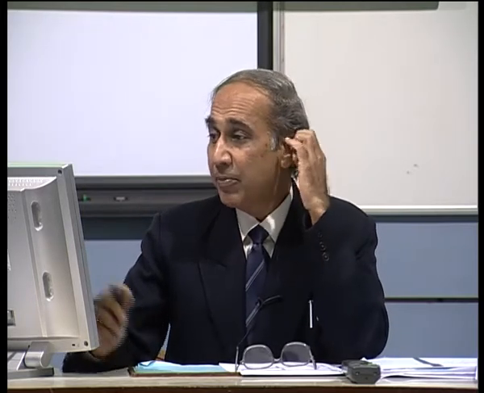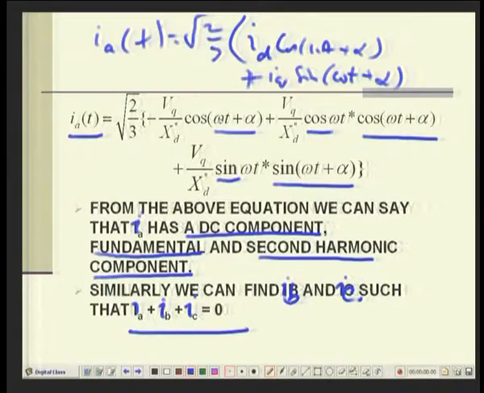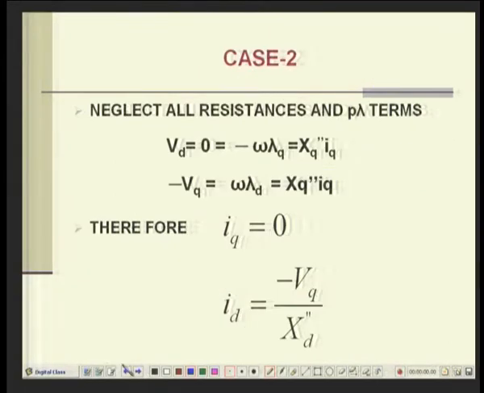Now, where is the DC? If you take cos A cos B, and sin A sin B, you have an A plus B term and an A minus B term. Is it clear?